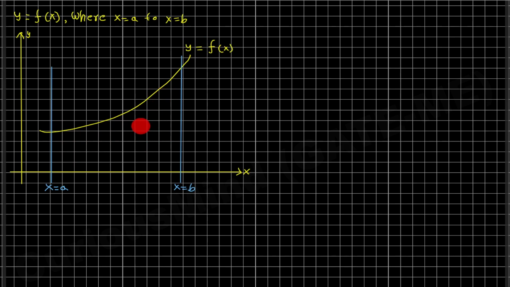So this area from x equal to a to x equal to b and between the curve of the function y equal to f(x) and the x-axis is the area, right? And which is equal to the definite integral of the function f(x) from a to b, as we have explained in the previous page.